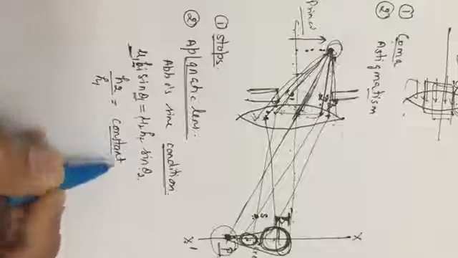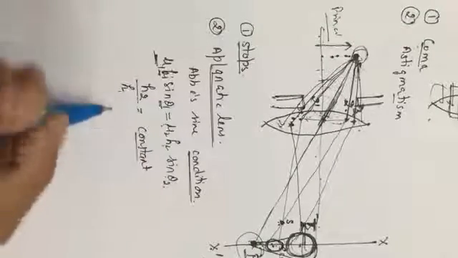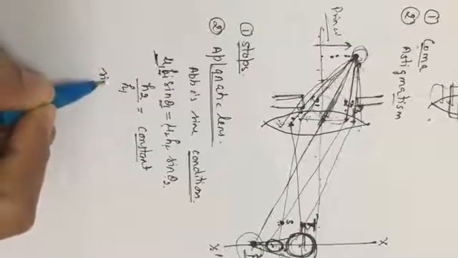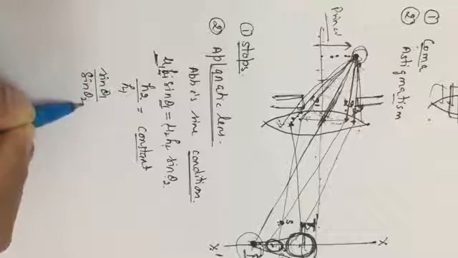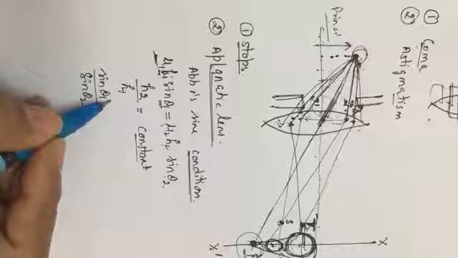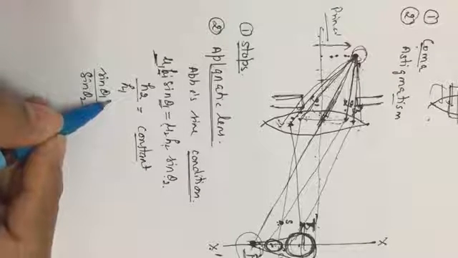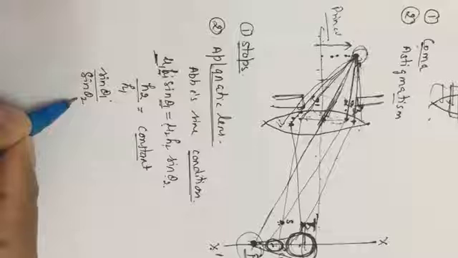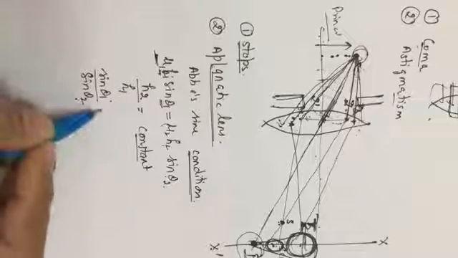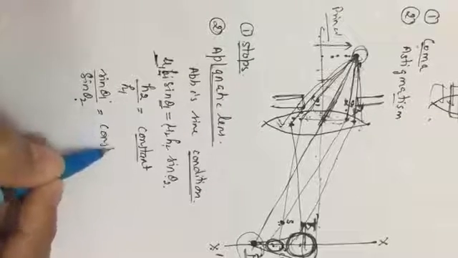And if we put this condition, we will obtain that for this condition sine theta 1 divided by sine theta 2, the inclination made by the rays coming from the object side on the principal axis and the angle of inclination made by the image rays with the principal axis, is found to be constant.